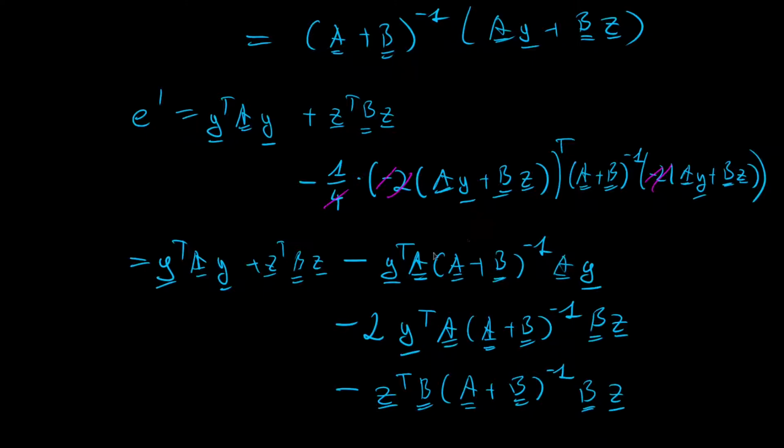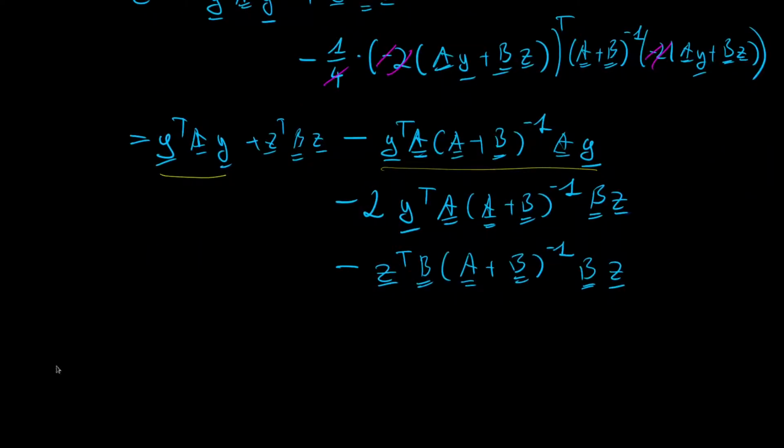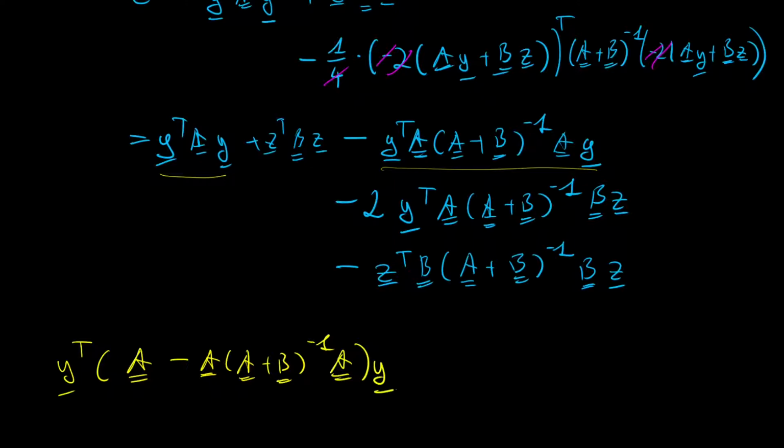Okay, then we can bring together some terms that we find in here, and we see that we have y transpose AY, which we essentially also find here, which is y transpose matrix A y. So let's bring these two terms together, and then we're getting y transpose, opening brackets, matrix A minus matrix A times A plus B in brackets inverse times A, closing brackets, y.